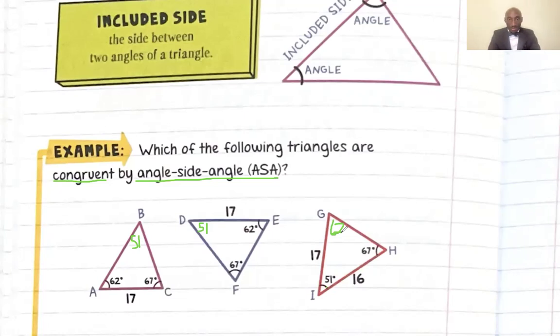So now let's look at it based on our triangle angle sum postulate, right? All three angles in the triangle add up to 180 degrees. So I knew that 180 equals 51 plus 62 plus 67.